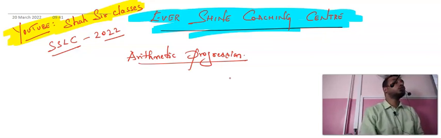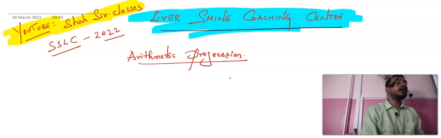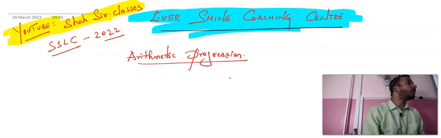Your model question paper and preparatory question paper, both these papers each and every student must practice. Most probably, I can tell you around 40% of questions may come from your model and preparatory question papers.